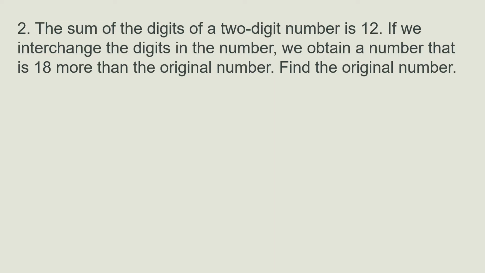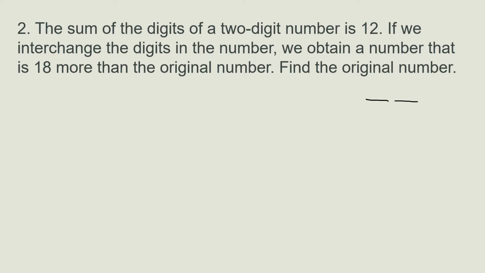If we have two digits, right? Examples of two-digit numbers are 29, 62, 64. As long as there are two digits, that is a two-digit number. So we need to represent those digits using two different variables.